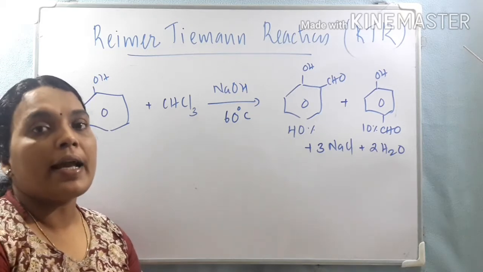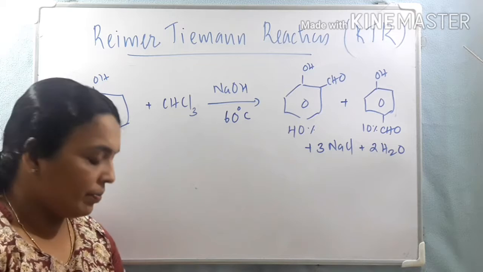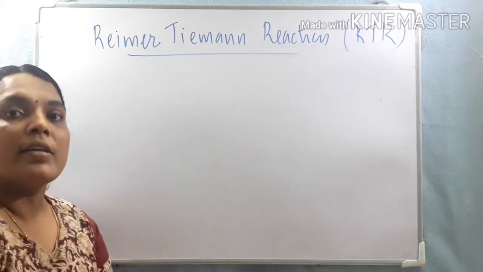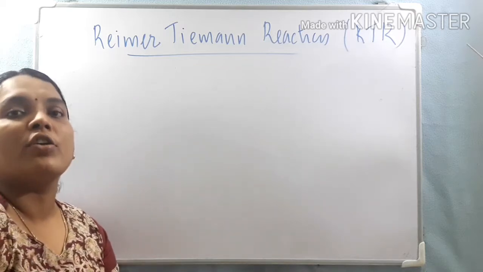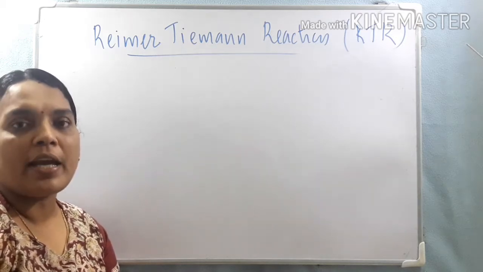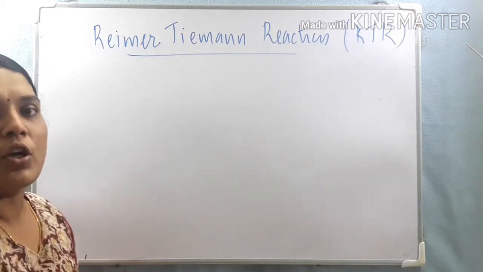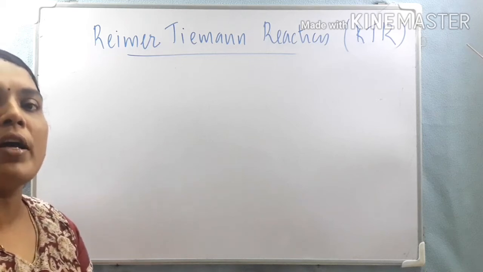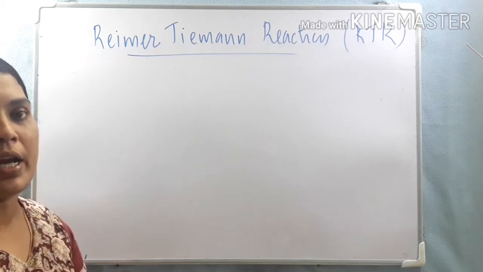Let us see the mechanism of this particular reaction. I said this is an example of electrophilic substitution reaction. First, there should be an electrophile. So let us see who is the electrophile present in the Reimer-Tiemann reaction.